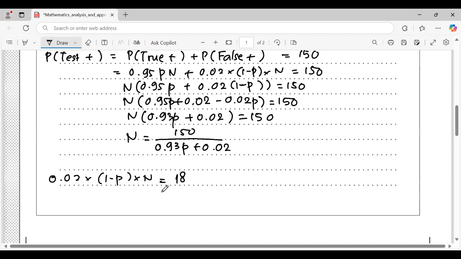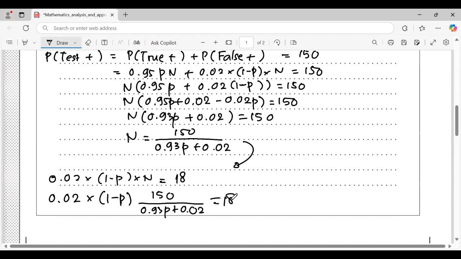Yes, because 18 of 150 positive test results were false positives. And after that, substitute this N into this equation: 0.02 times 1 minus P times 150 over 0.93P plus 0.02 equals 18.